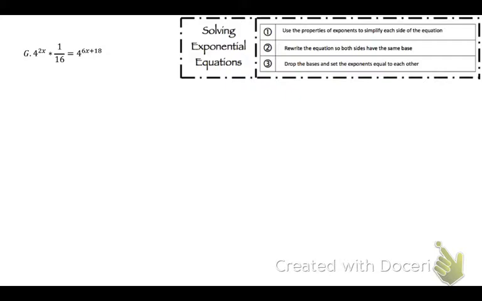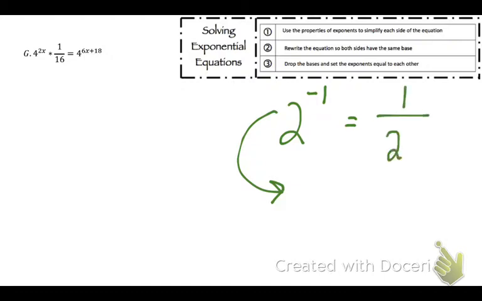Okay, this last one. So we need to get the common base. Now, this is something I don't know if you guys remember, but if you have a negative exponent, let's just work with 2. Say you have 2 to the negative first power. Anytime you have a negative exponent, it just drops to the denominator. So this is the same thing as 1 over 2 to the first power, which is 1/2.